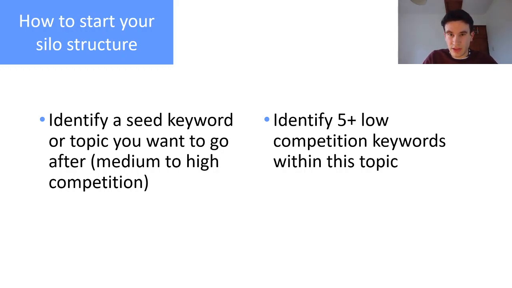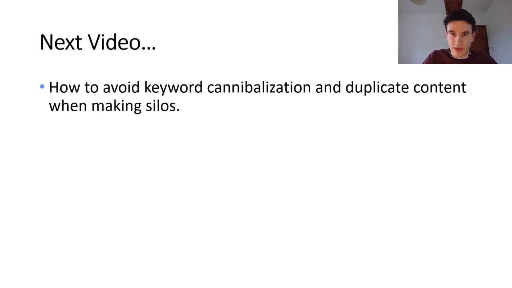One really important thing we need to discuss is how you can avoid duplicate content and keyword cannibalization when you are creating your stable posts, because you don't want to be duplicating content. But I think that is a topic for the next video, so look out for it next week.